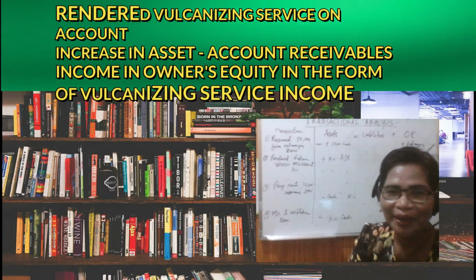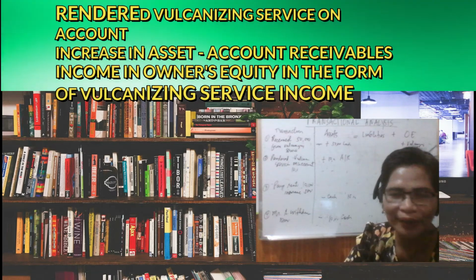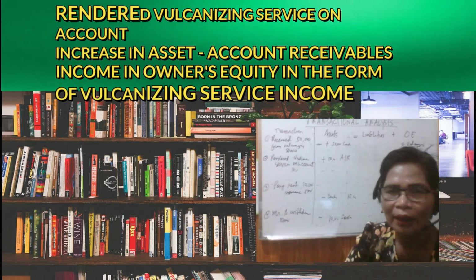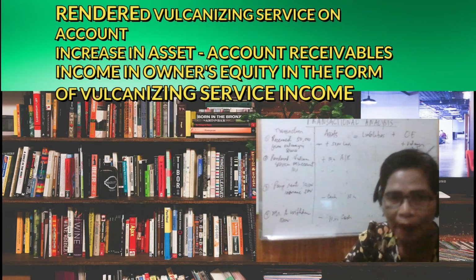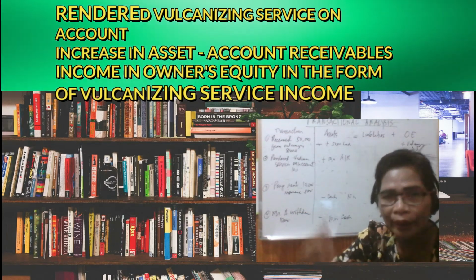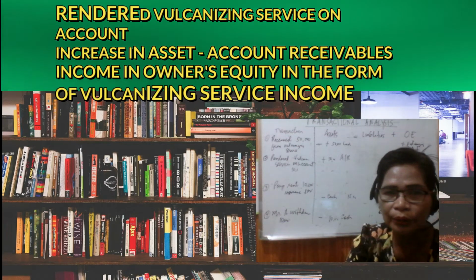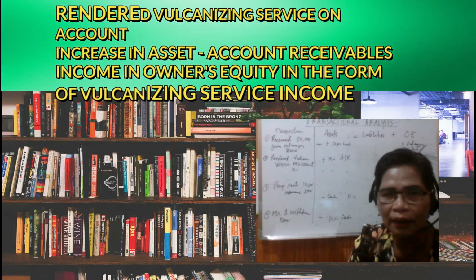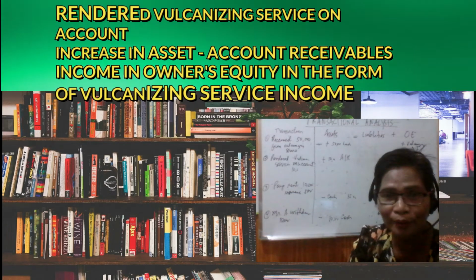All those things, we have another subject for that, financial analysis. So I'm just trying to give you a little hint why the business renders service on account to customers. He can require the customer to pay in cash all the time, but extending accounts to clients is a so-called strategy to increase its volume of sales.